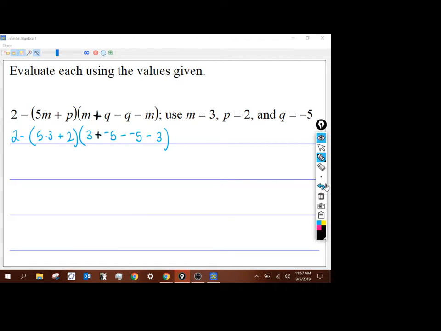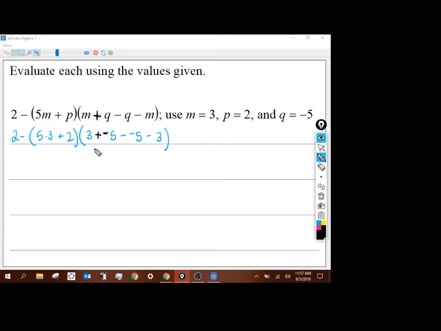I also think that this is okay to see, because if I see plus or minus back-to-back like that, what does it really mean? Adding the opposite, right? And adding the opposite is the definition of what? Remember, adding the opposite is the definition of subtraction.